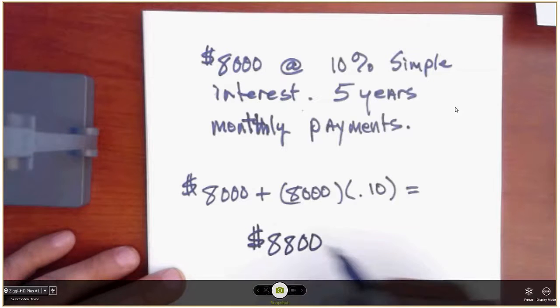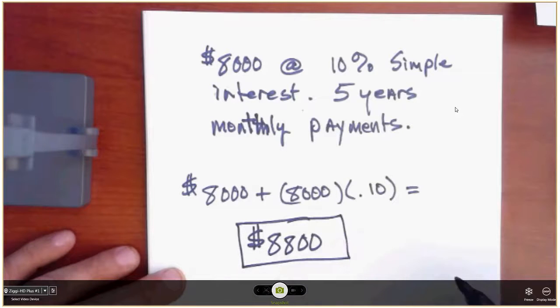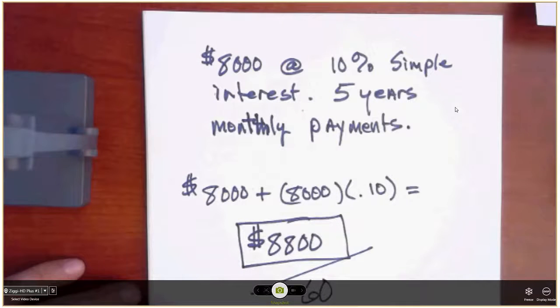Now, how many months are in 5 years? 60. So you divide that by 60, and that'll give you your monthly payment. 146.67. Yeah. $147 a month to pay them back. And at the end of 5 years, you got that loan paid off.